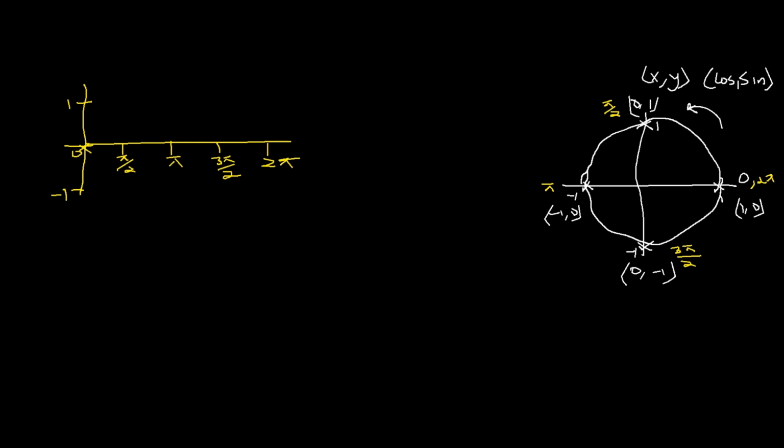So we get from 0 here, and then we go to pi over 2. Y is 1. So we come over here. Then we go to pi. We get back to 0. Then we go to 3 pi over 2. We get -1. And then at 2 pi, we go to 0 again. So now let's join this together and see what we have for our graph.